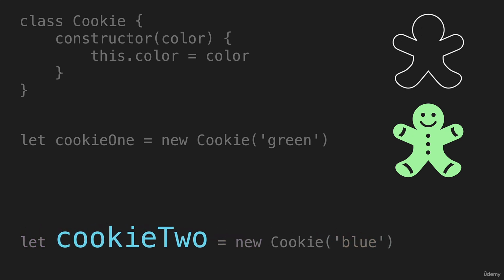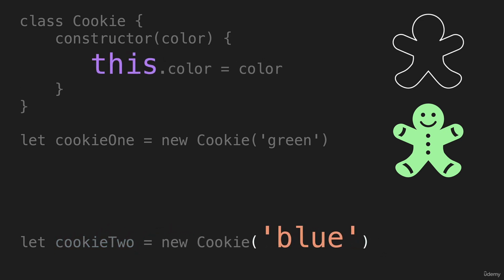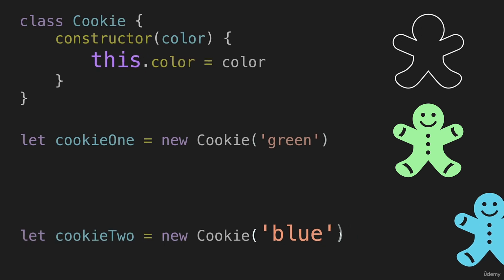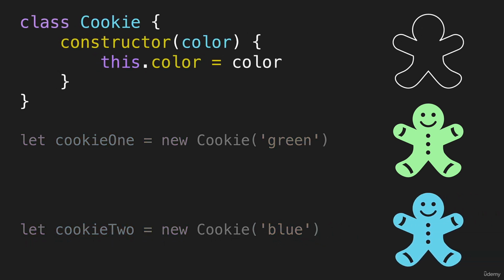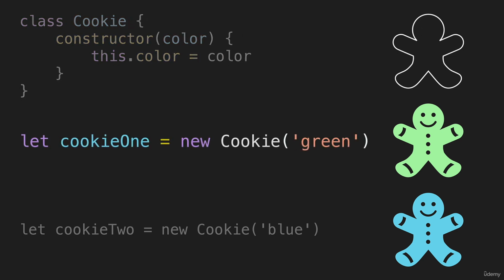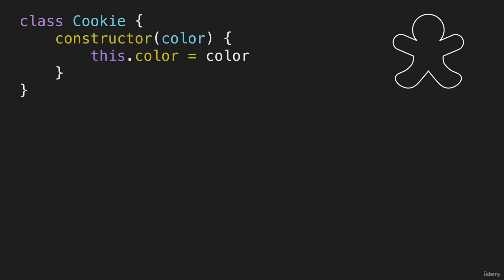So cookie2 is a specific instance of Cookie. This one is blue. That is, this cookie is blue. So now we have created a class, which is like a cookie cutter, and then we've created a green cookie and a blue cookie. Let's drop the cookies out of here and expand this class.